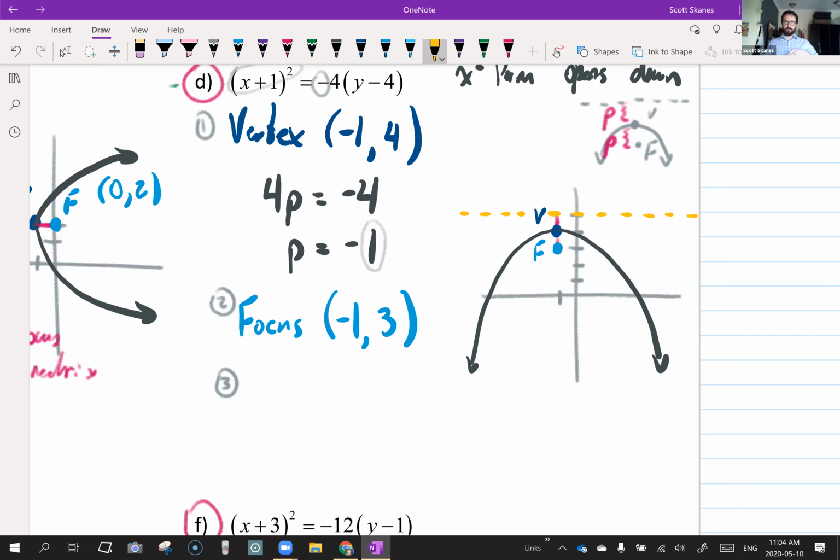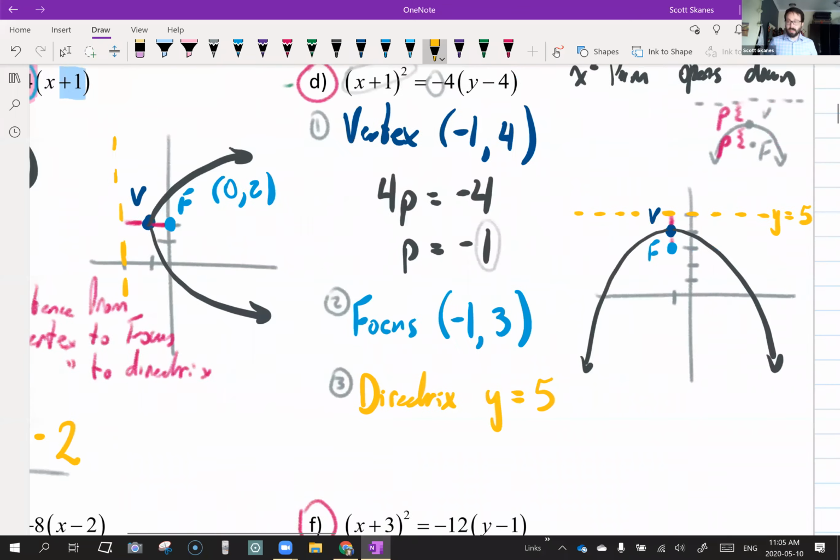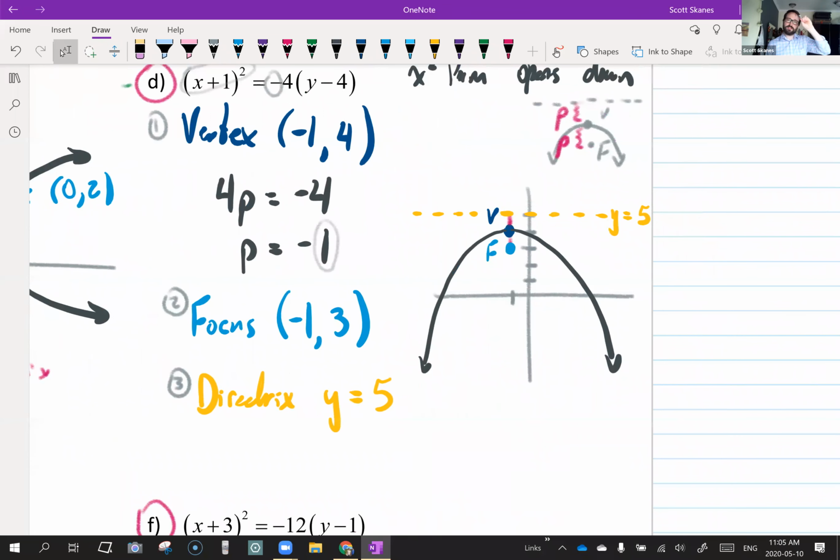And that line is actually y equals 5. So the directrix is y equals 5. In this case, all the y values are always 5, and so the directrix is the line y equals 5.